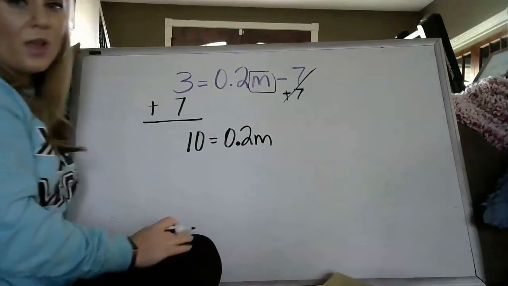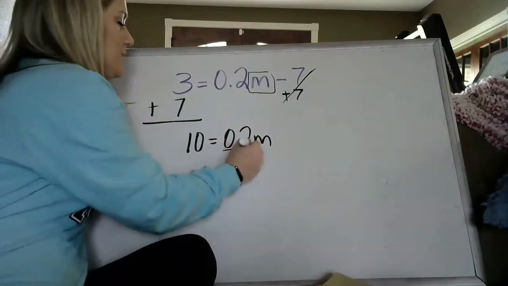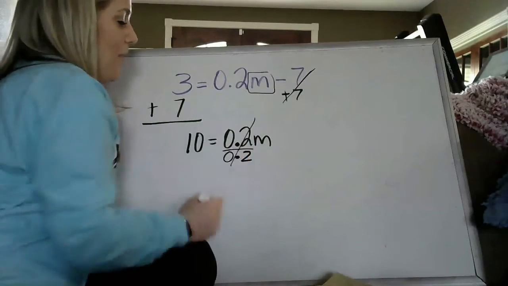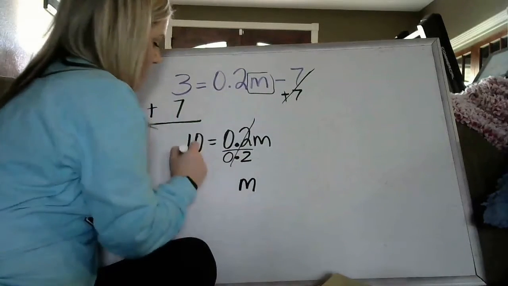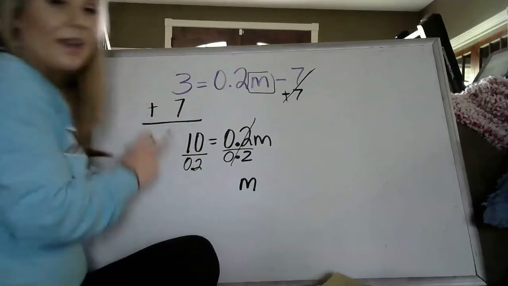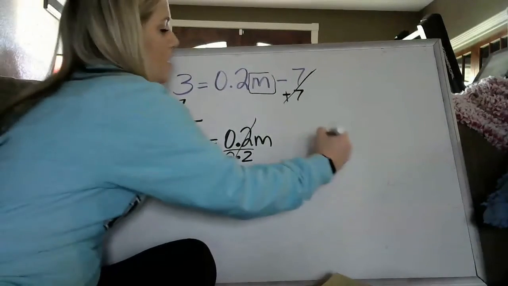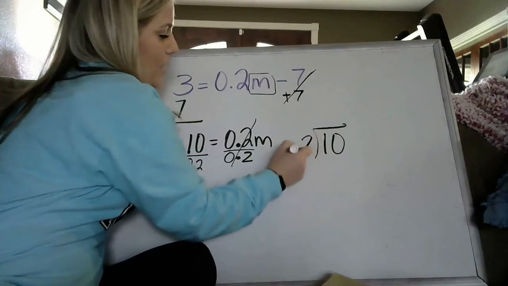That's a decimal. All right, so we know to get rid of the 0.2 is to divide by 0.2, right? And that gives me just m. All right, now I'm going to T-bow. Top number goes in the division box, the bottom number goes out. So it's 10 divided by 0.2, and I've got a decimal.